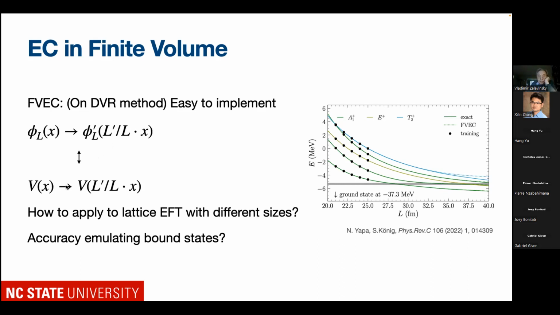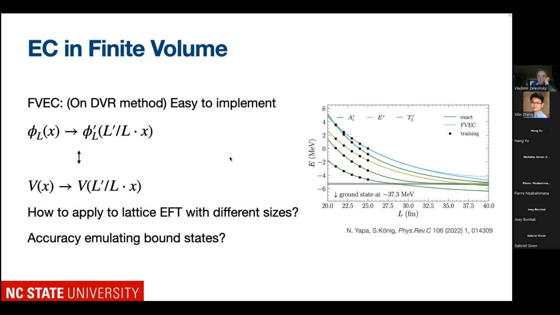It is equivalent to scaling the potentials relative to the box size. The benefit of this implementation is that it is a lot easier to do, because we can just scale the wave functions while keeping the same number of bases. It's just a rewrite of everything by a scale factor. And what is even better is that when you do this on the lattice, which is a DVR basis, you only need to scale the mass.